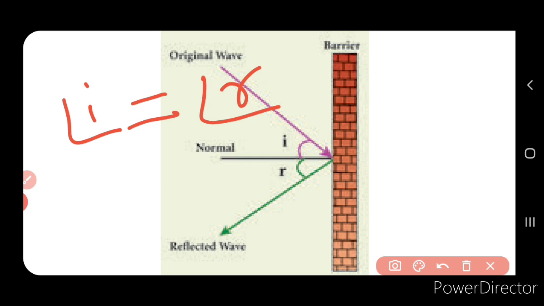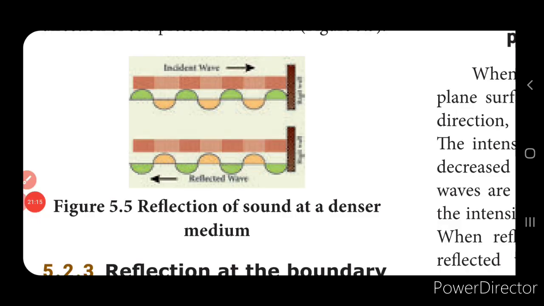Similarly here, the incident ray, the normal to the reflecting surface, and the reflected wave at the point of incidence lie in the same plane. And what is the other law? The angle of incidence is equal to the angle of reflection. So these are the laws of reflection. Now let's see the reflection at the boundary of the denser medium.